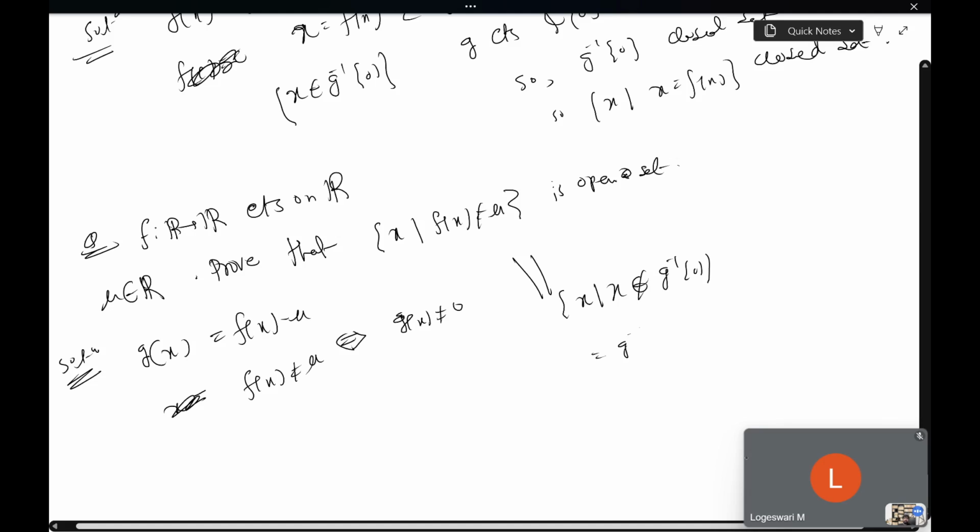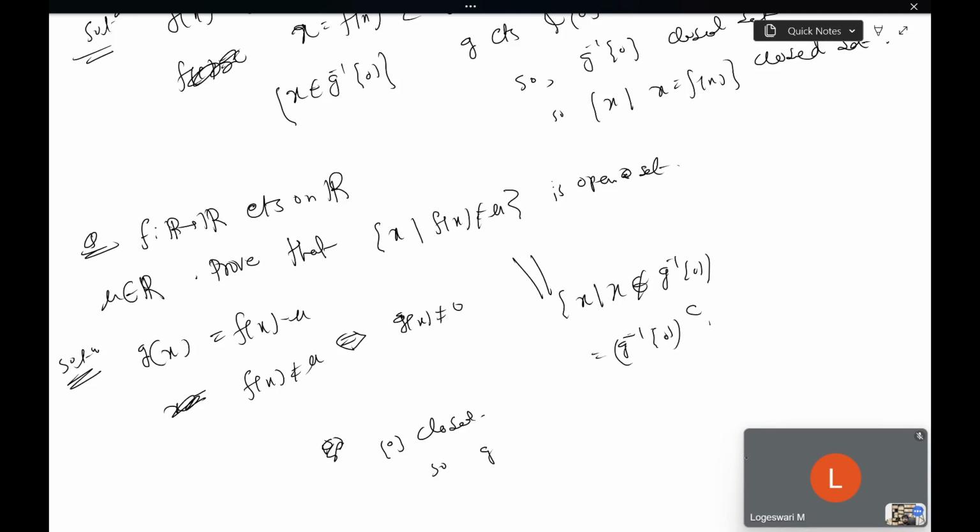So this is essentially the complement of the set g inverse of 0. Okay. Now {0} is closed, so g inverse of 0 is closed. So the complement of g inverse of 0 is open. Okay.